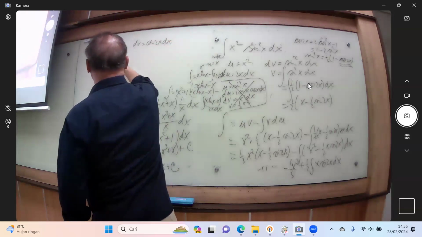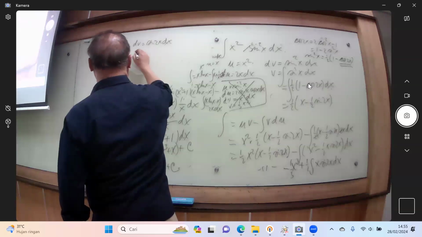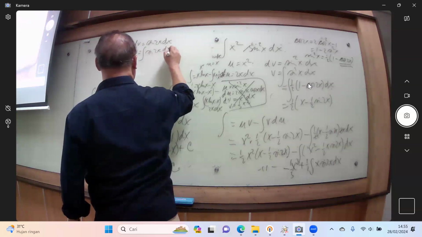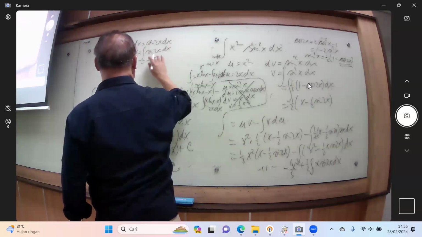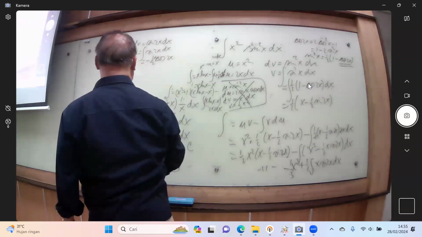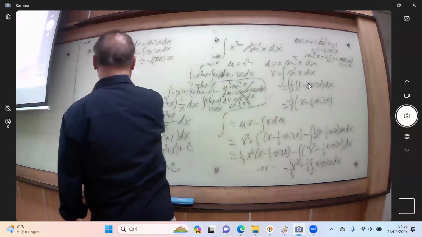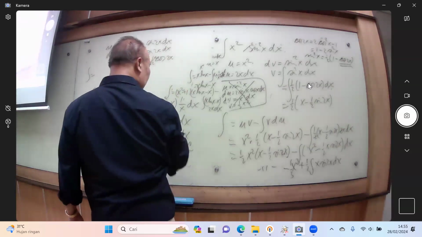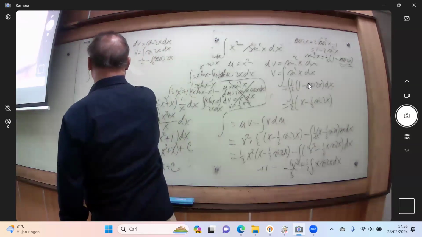So du is dx and v is the integral of sine 2x dx, which is minus half cosine 2x.